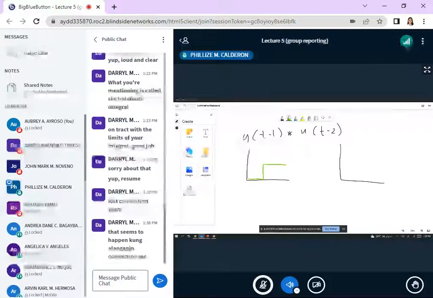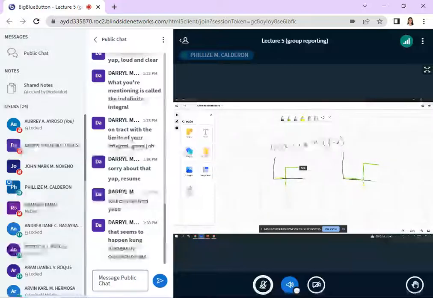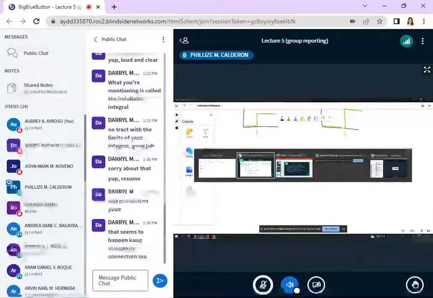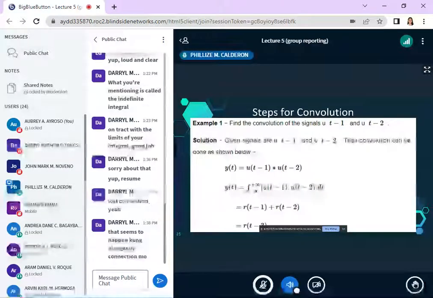Then, at time 2, tayo. So, y of t is equals to integral of u of quantity t minus 1 convolution u of quantity t minus 2 with respect to dt.